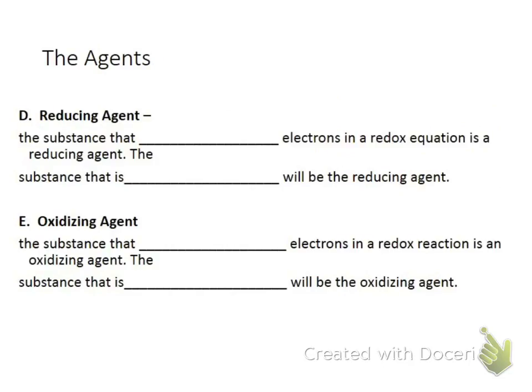Last set of definitions, and then we are done for today. The reducing agent, this is where you have to really stop and think about it. The reducing agent is the substance that loses electrons. But that substance is oxidized.